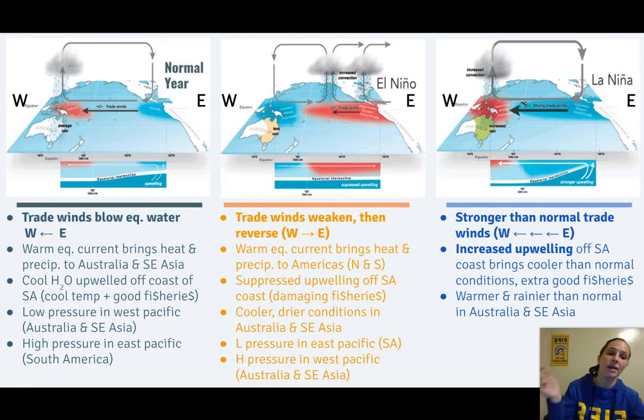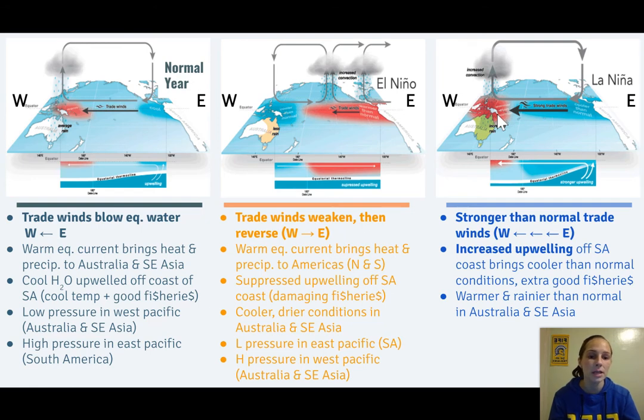So then we're going to have La Nina. And these are going to be times where the trade winds are way stronger than normal, which is going to be kind of an extreme version of a normal year. So we are going to get really strong trade winds, which means the currents are going to be pulled pretty intensely over towards Australia and Southeast Asia.